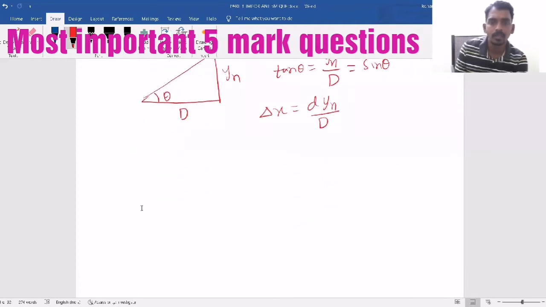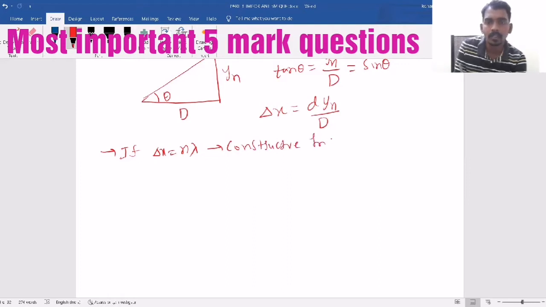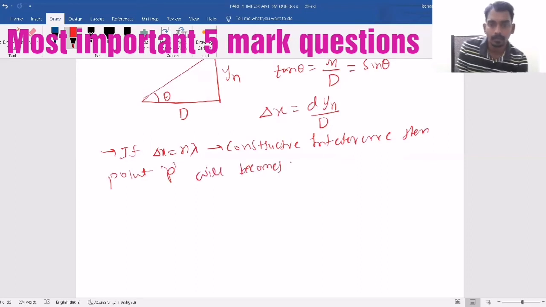Now from this, if delta x equals n lambda, that is the condition for constructive interference, then point P will become a bright fringe.